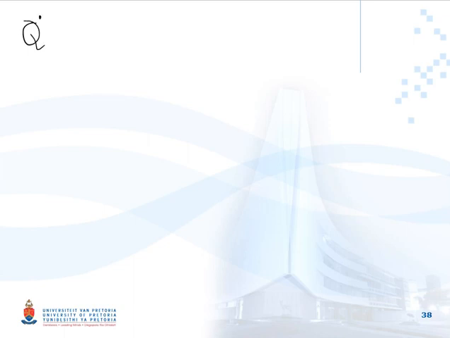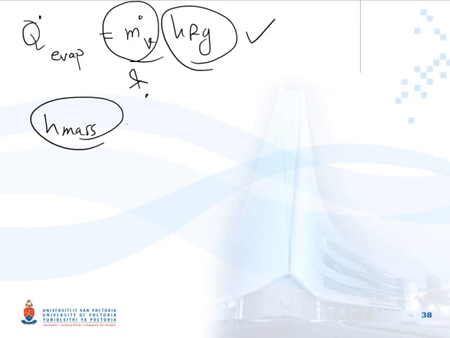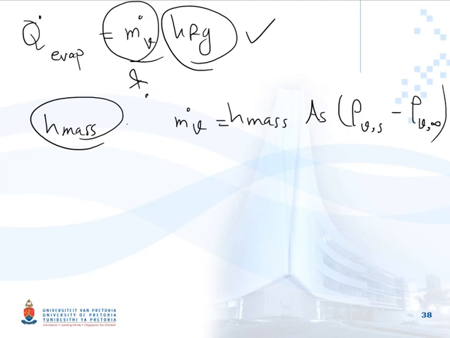If you remember, Q dot evaporation was m dot v times h_fg. So h_fg we have, m dot we need to find. So far what we have is h mass. If you remember, m dot v was h mass times A_s times rho_v at the surface minus rho_v at infinity.